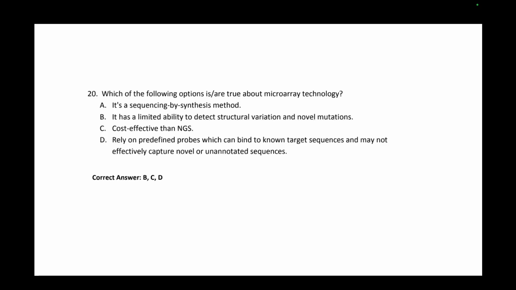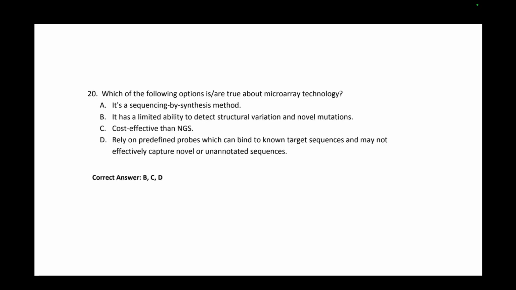If the known mutation is present inside the cell, it will come and bind. But if you don't know what kind of mutations are present, and specifically structural variations, which can be 500 to 1000 base pairs long, you don't know how to measure those big variations using a microarray.